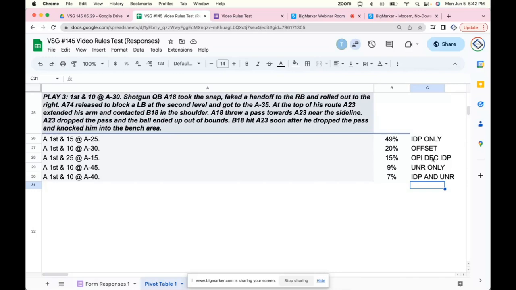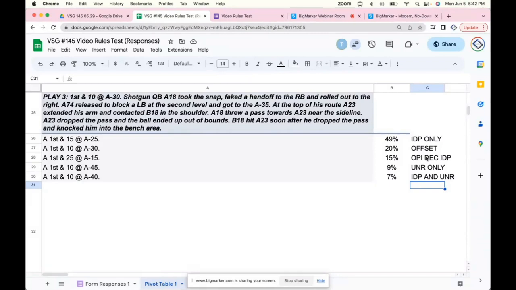OPI, decline IDP. I'm okay with that. That's what we were talking about, right? So you said I'm gonna pass on the UNR. I don't love it, but I am gonna go with the OPI. Actually, Brandon, now I'm remembering, I had a quick conversation with the writer of this question.